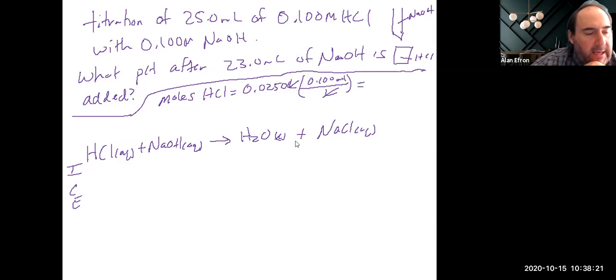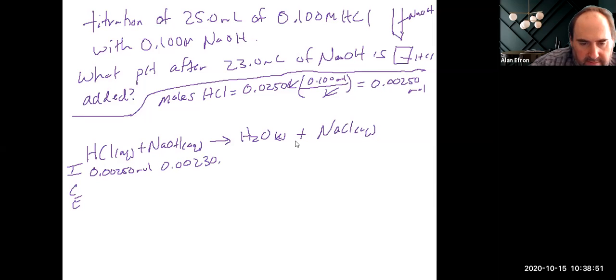Liters cancel, and we end up with 0.0025 moles. We need to do the same thing with our sodium hydroxide: 0.023 times 0.1 gives us 0.0023 moles, and 0 for this one.